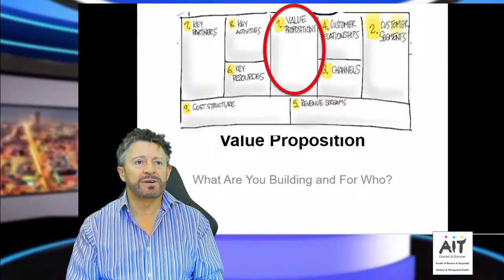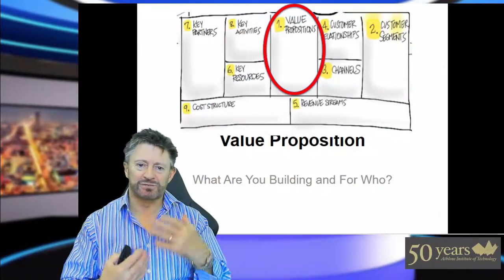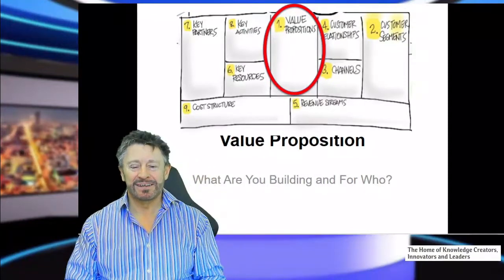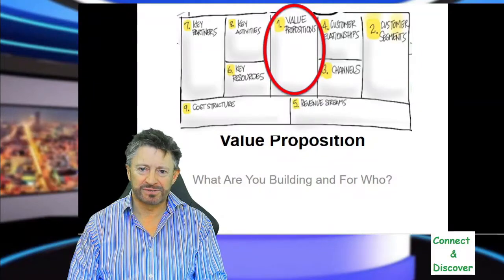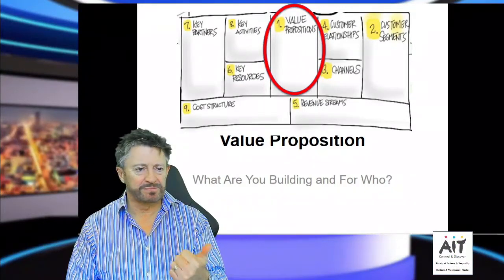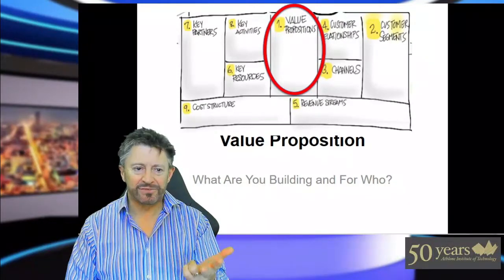So if we move on, some of these slides from here on will just be supporting what I've already said. Key point, value proposition. What is it that you can offer to customers that's of benefit to them, that either solves a problem, heals a pain, or is a need for that customer?